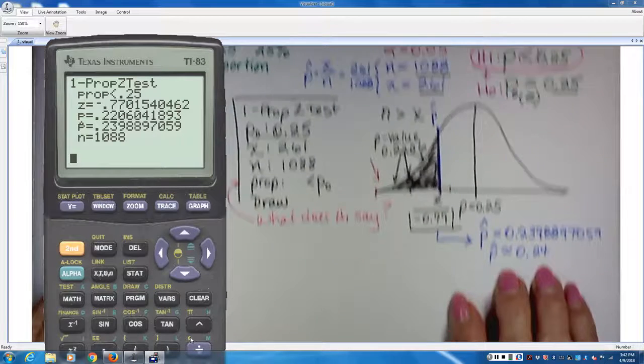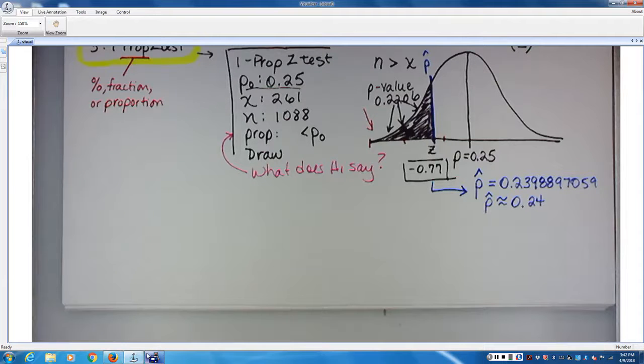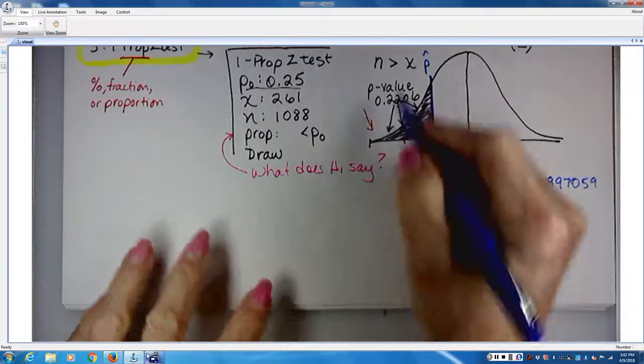So now that we can think of it that way, we can form some conclusions about the problem, and we don't need the calculator anymore for that. Because the decision is always made the same way. The decision-making process never changes. The decision-making process says, take your p-value and compare it to alpha. Your p-value is 0.2206.